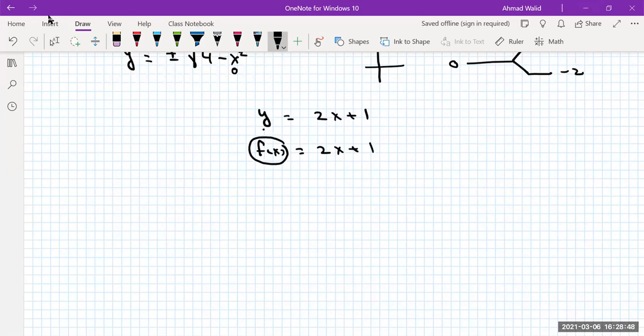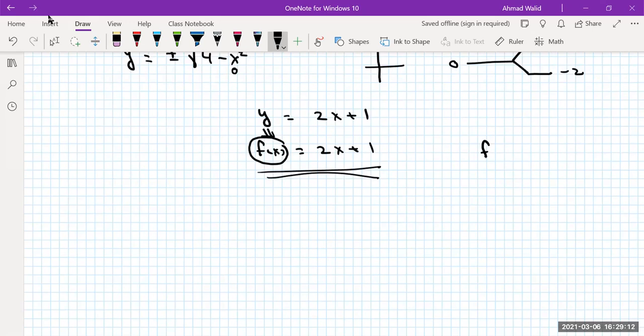When you change your y to this notation, f of x, we call this equation written in function notation. F, why f? Because f represents functions, correct? But it's not important that you always use f.